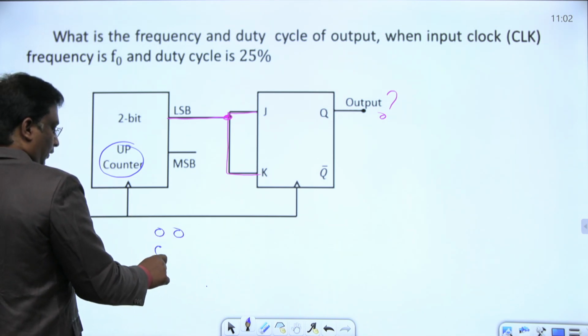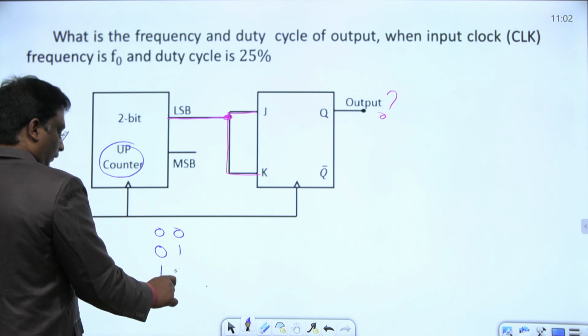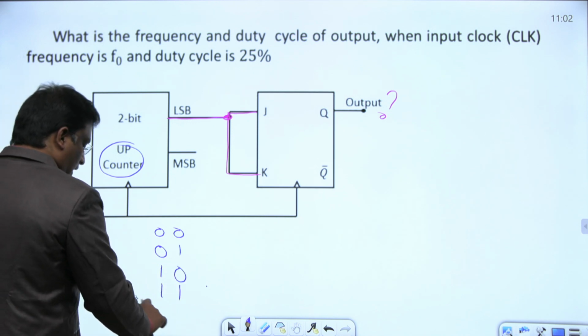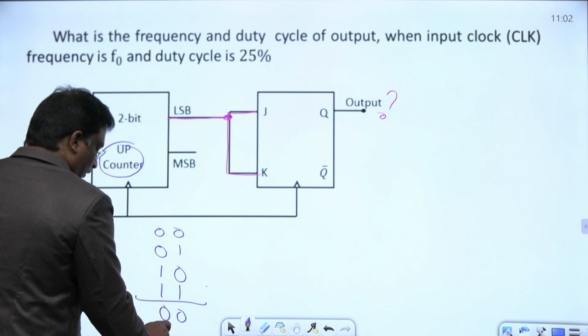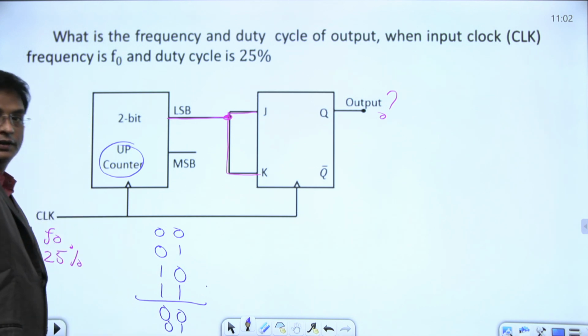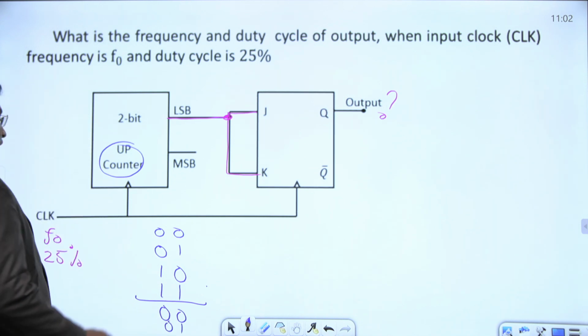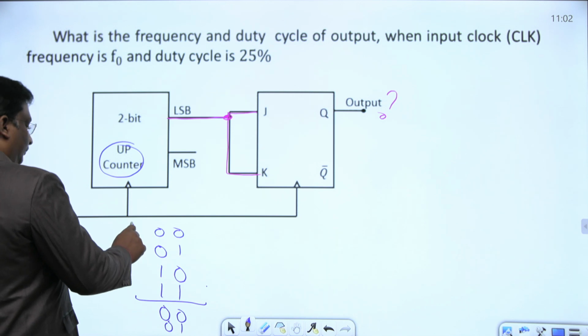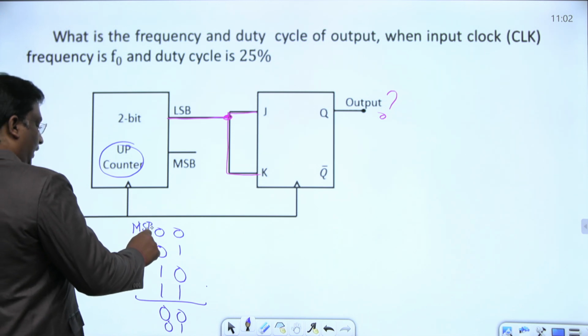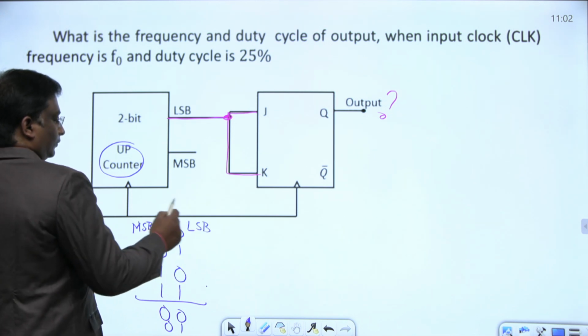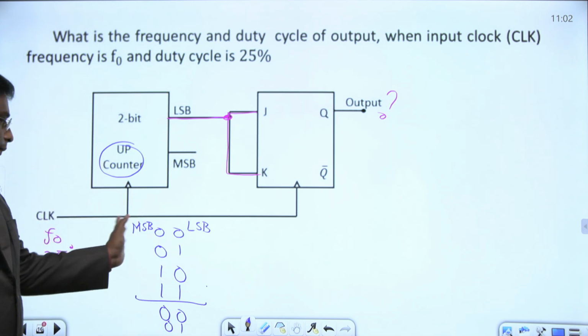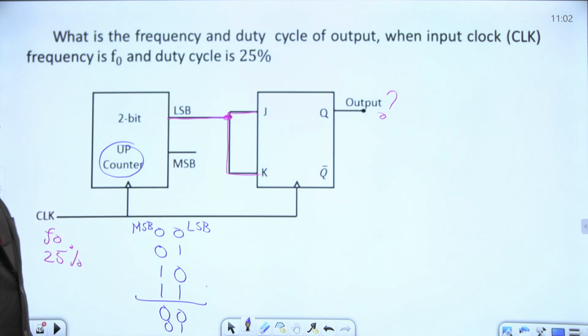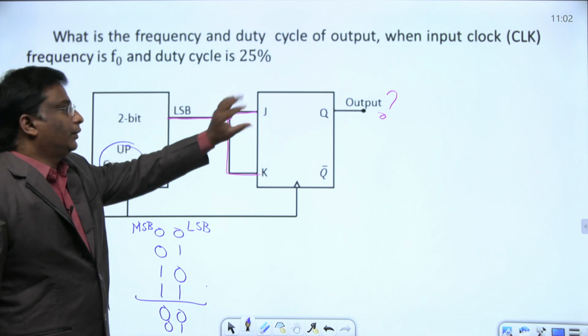Next state, up counter means 0 1. Next state will be 1 0. Next state will be 1 1, and the same thing repeats. This is the MSB bit. This is the LSB bit. This LSB bit they are connecting to the JK flip flop.